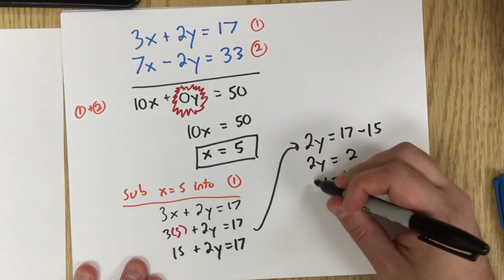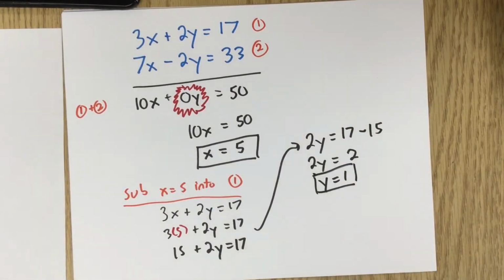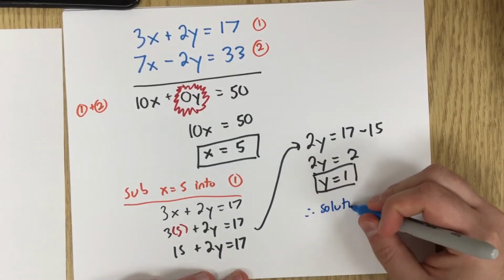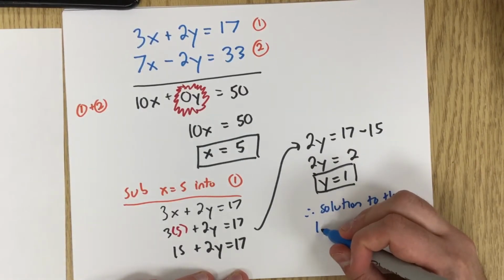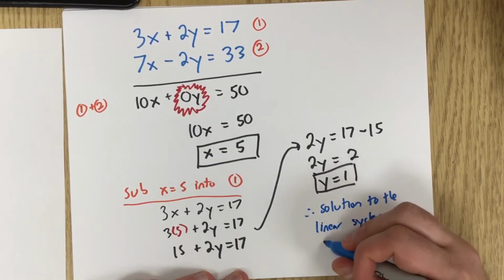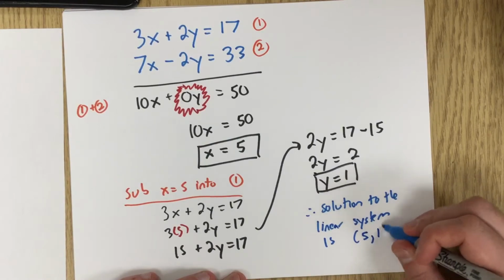Divide both sides by 2, and you get y equals 1. And that's it. So therefore, the solution to the linear system is x is 5 and y is 1.